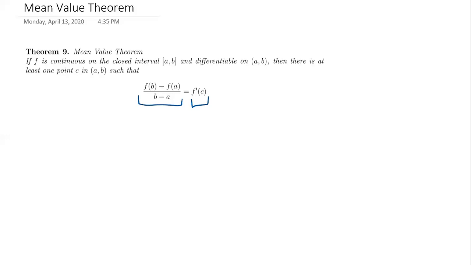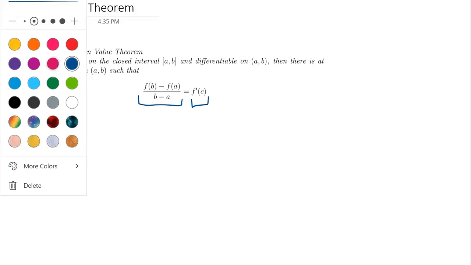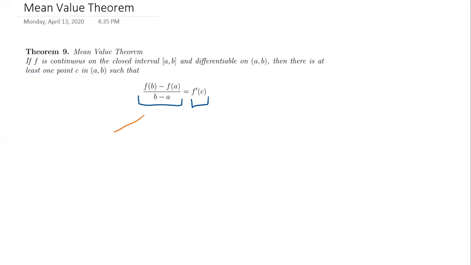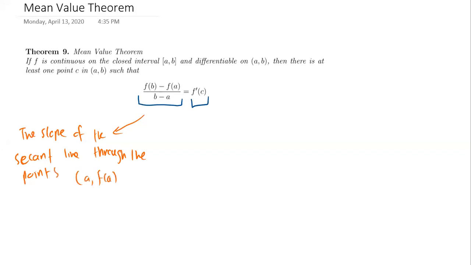Recall that the expression f of b minus f of a divided by b minus a is the slope of the secant line through those two points. Remember, for a secant line you need two points to find the slope. So the points are (a, f of a) and (b, f of b).